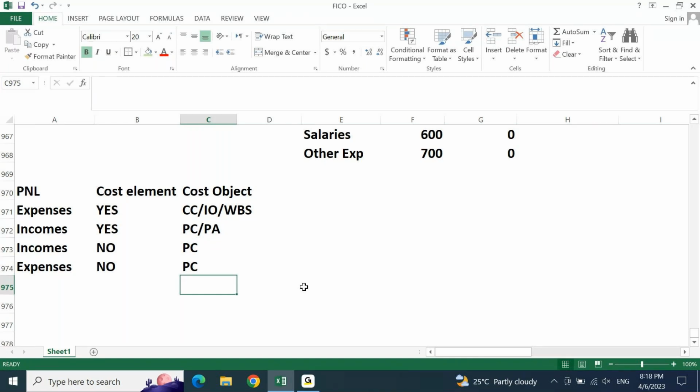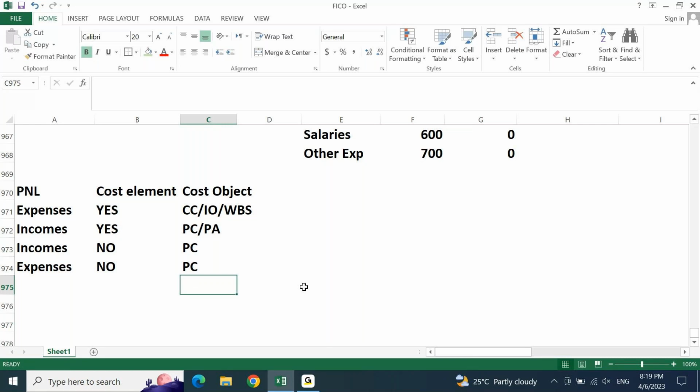If your P&L expense account is a cost element, you must have a cost object. When we say cost object, your expense account must be assigned to a cost center, an internal order, or a WBS element. If your P&L account is income and it is a cost element, you must provide profit center or profitability analysis information, in short, COPA related information.